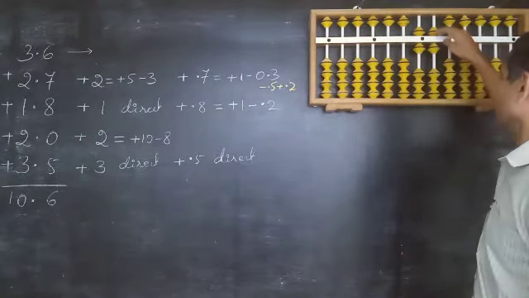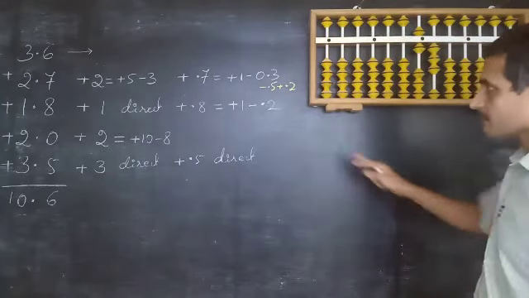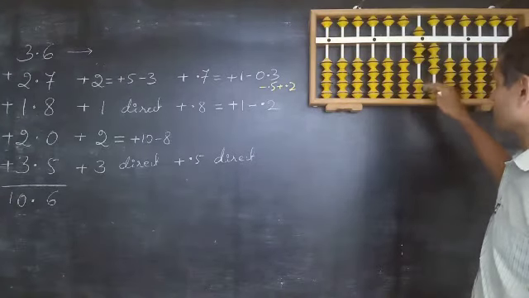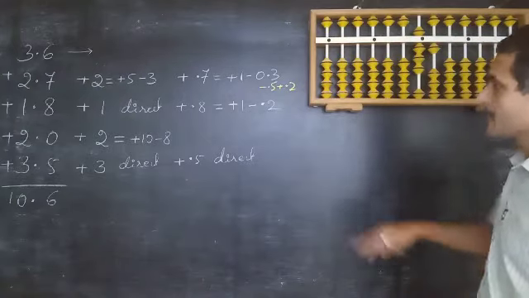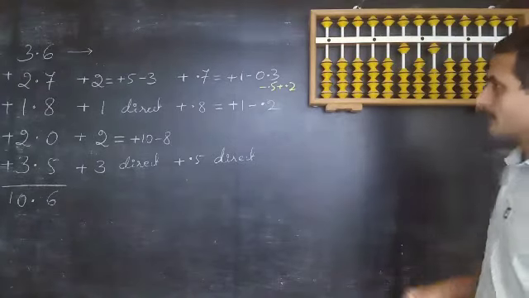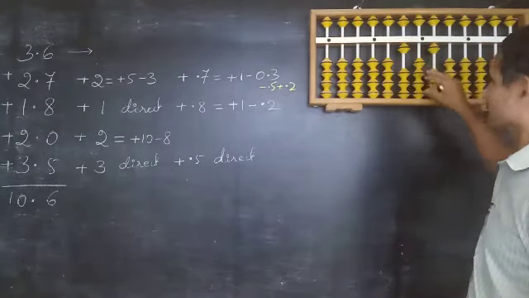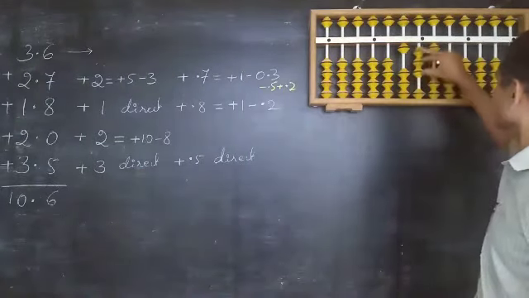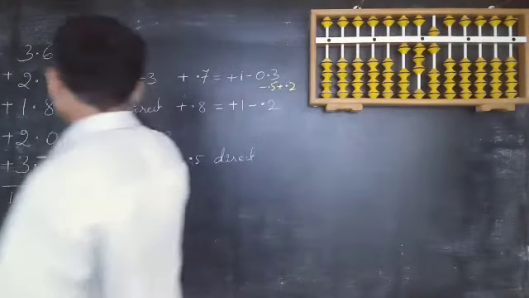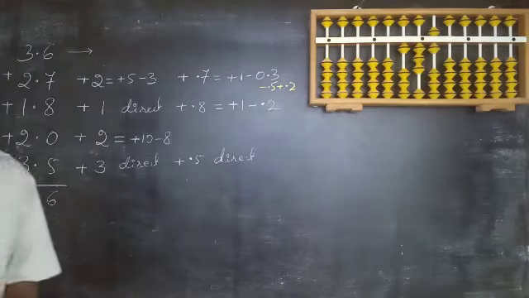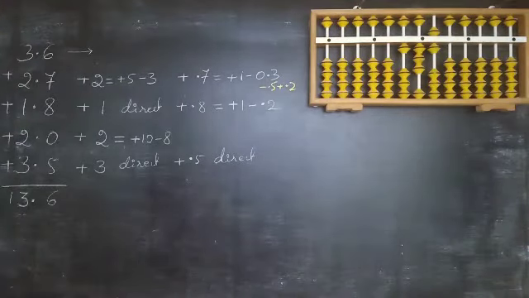Minus 0.3 is not possible, minus 0.5 plus 0.2. Plus 1.8, plus 1 direct, plus 0.8 equals to plus 1 minus 0.2. Plus 2 equals to plus 10 minus 8. Plus 3.5, plus 3 direct, plus 0.5 direct. Answer 13.6, not 10.6. Answer 13.6.